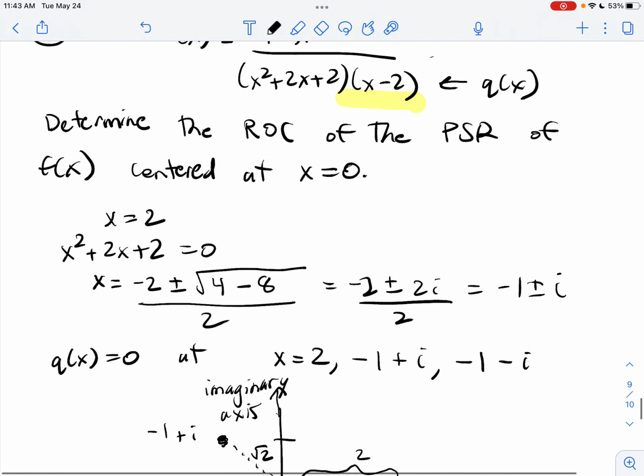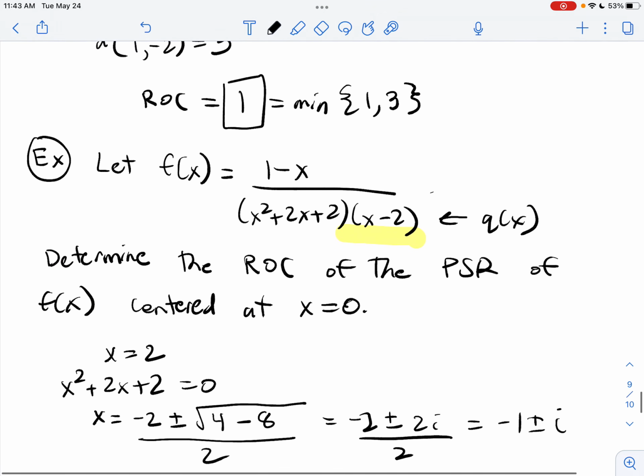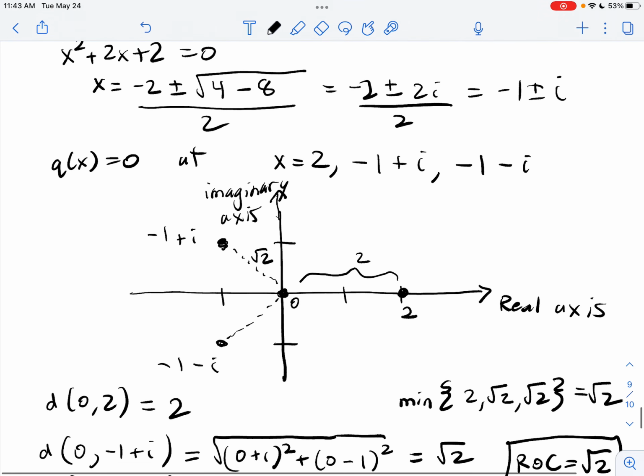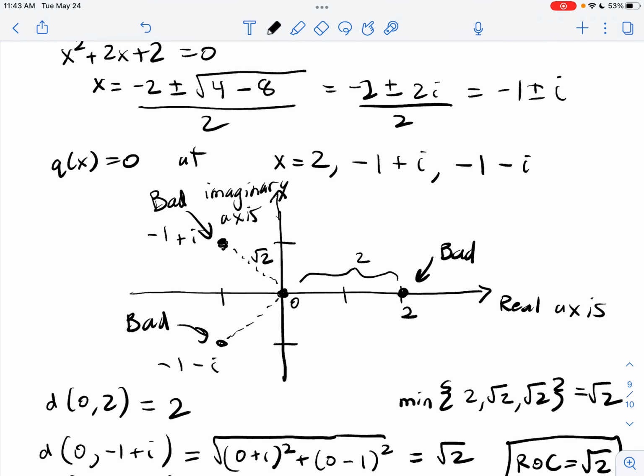And again, that's for the power series of this original function f of x, of this guy right here, centered at 0, okay? So in a way, what we're doing is we're figuring out how far away that center is from the bad points, right? These are the bad points. Bad, bad, and bad.